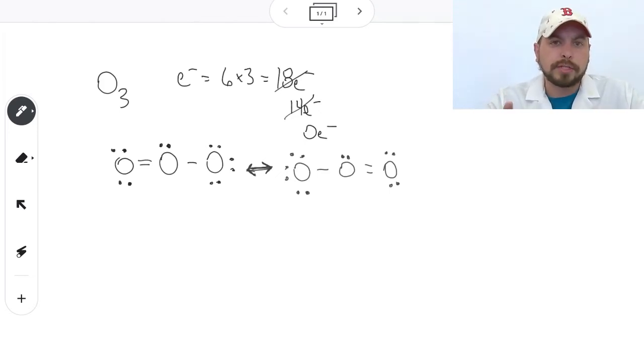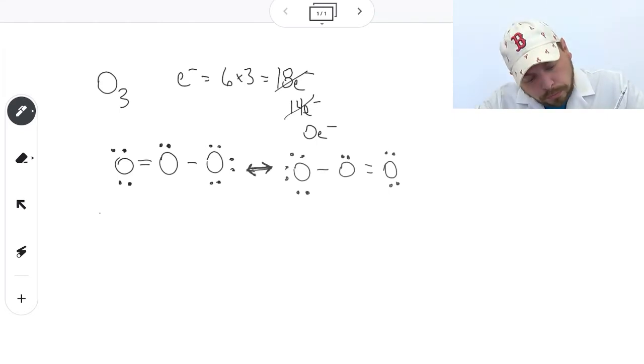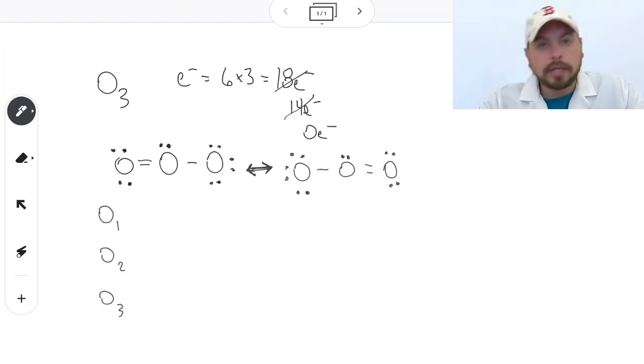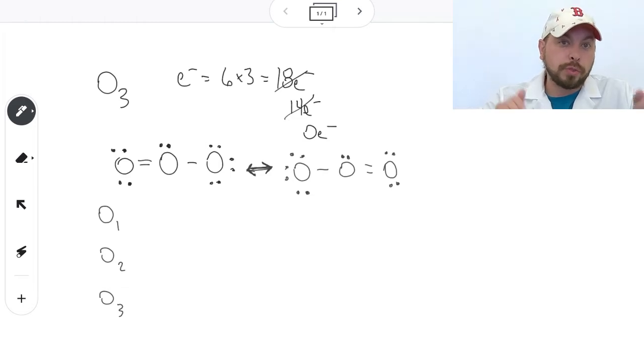Okay, so what does this mean for formal charge? I mentioned how formal charge plays a role. So let's take a look at formal charge in each of the 2 options. I'm going to call the oxygens 1, 2, and 3 based on them being on the left, the middle, and on the right.